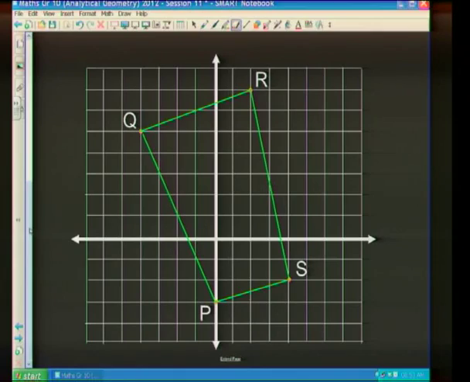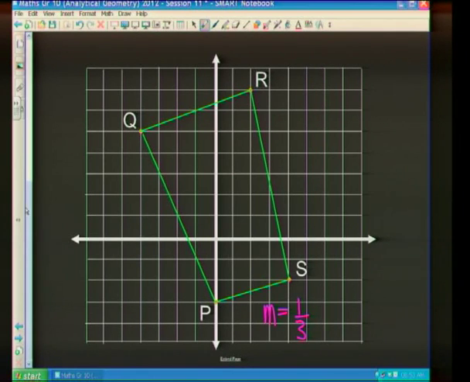Right, let's have a look at a question that asks us to apply the knowledge of equations of straight lines. Now, we've seen this question before. It talks about PQRS, which is a quadrilateral. It gives us the points. And remember, just now we were asked to calculate the gradient of the line PS, and we said the gradient was 1/3.